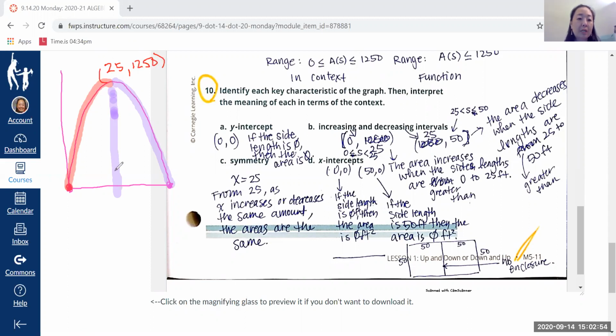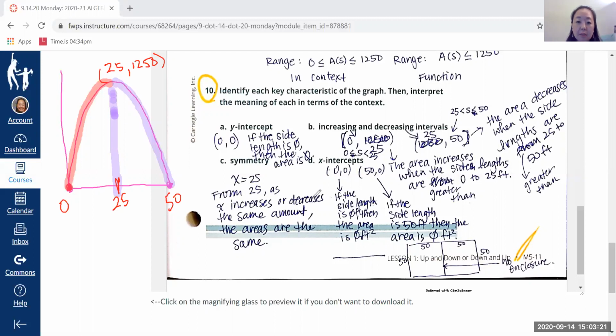So this is going to be right here at 25 because we're looking at just the x part. Here's 50 and here's 0. Okay, so there's the 25. That's where the 25 is coming from. So 25 to 50, that's where it starts decreasing. Okay, and so we're saying the area decreases when the side lengths are greater than 25 feet to 50 feet.